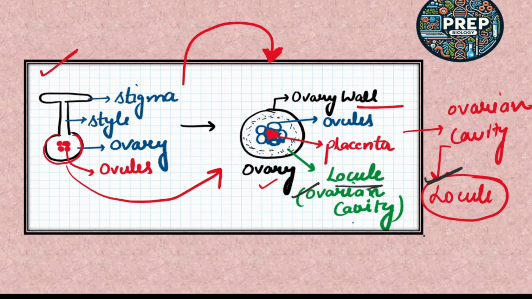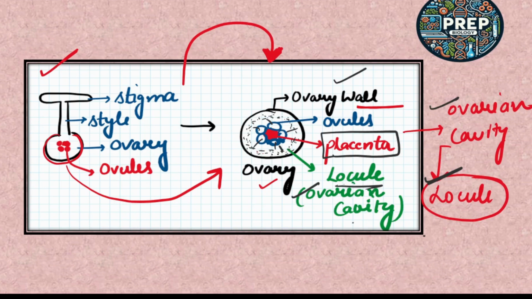Now inside the locule, in the middle part, we have the placenta, from where different ovules arise. These all parts are very important. I'll repeat again. This is the ovarian wall and the ovarian cavity, the chamber-like structure.